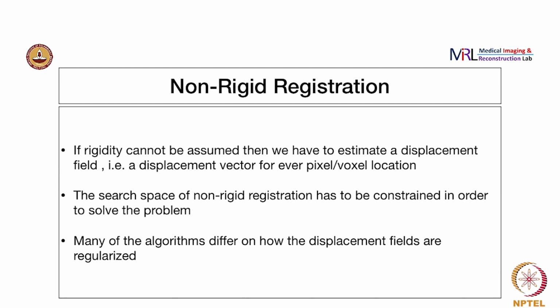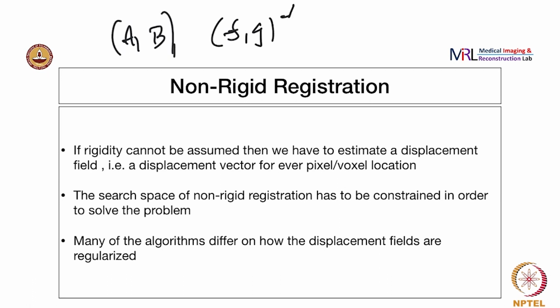So in the next few videos, we will look at two different algorithms and talk about how to estimate them. In these two papers, typically there is a moving image and a fixed image. The notations might differ slightly, but typically they are denoted either by A and B, or in some cases F and G. F and G is more commonly used, I think.